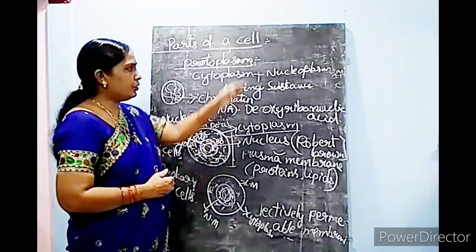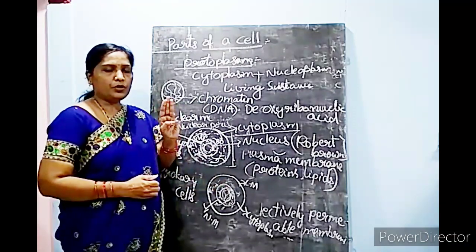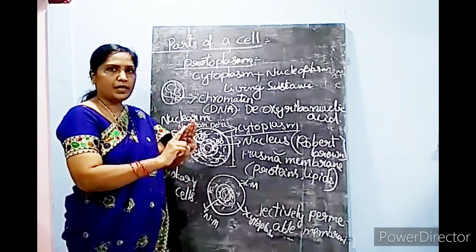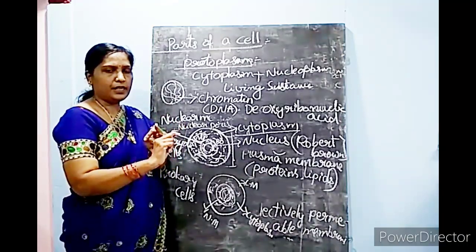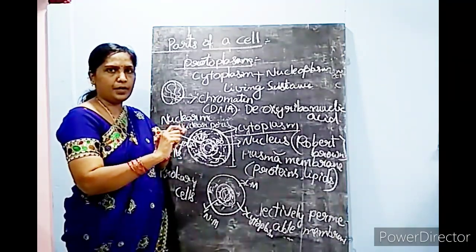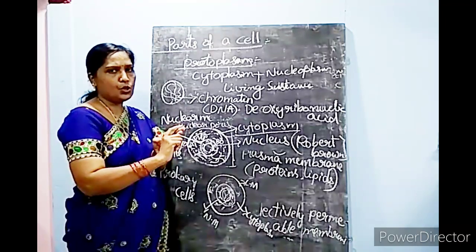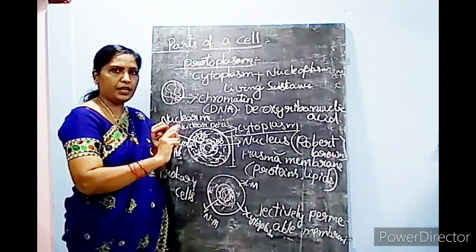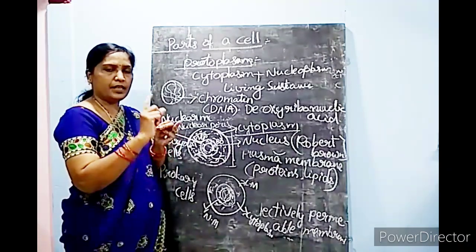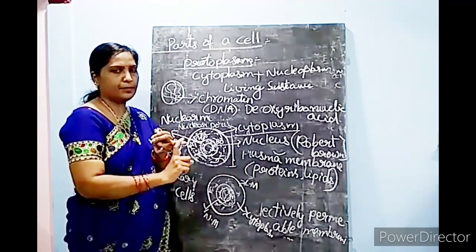Understood, children? So till now we discussed three components, the parts of a cell, in our class today. One is the cell membrane, another is cytoplasm, and the other is the nucleus. The cell is surrounded by a cell membrane. The cell membrane's other name is plasma membrane.